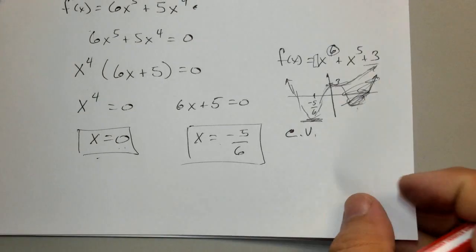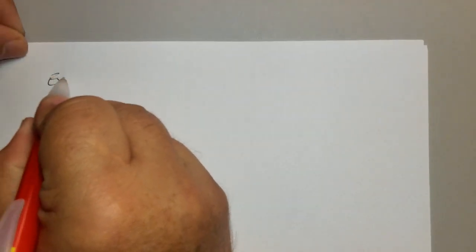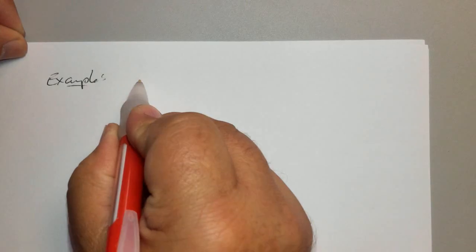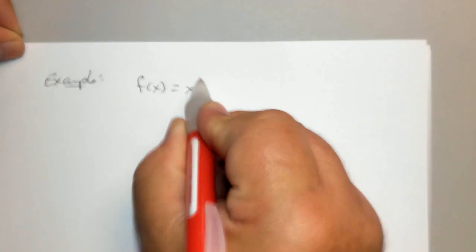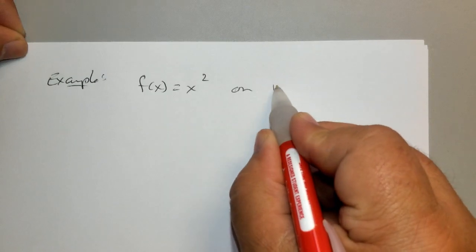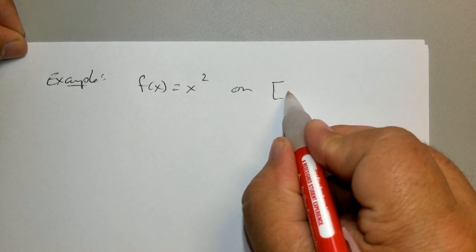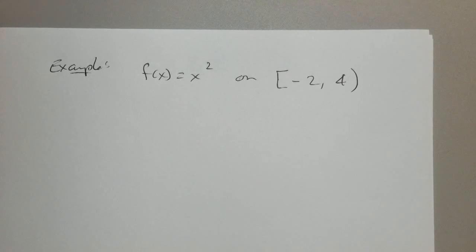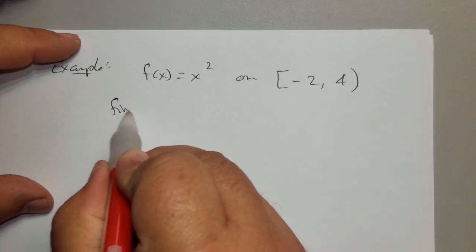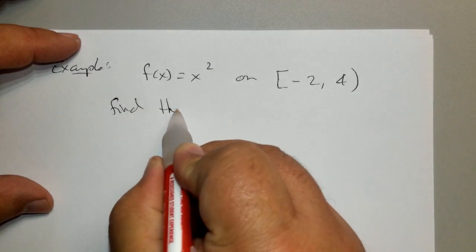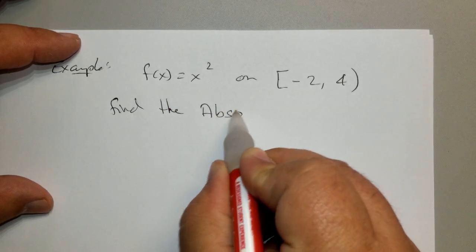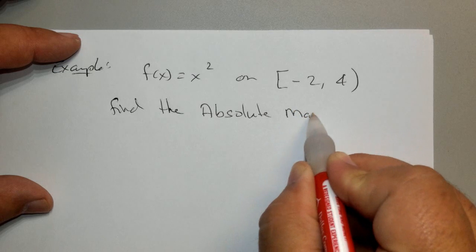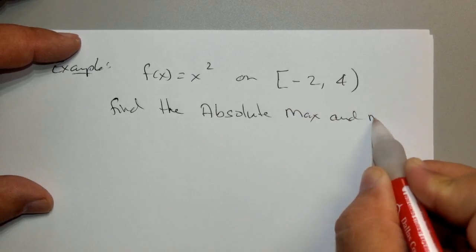Let's look at one using a domain. Given f of x equals x squared on the domain [-2, 4], find the absolute max and min.